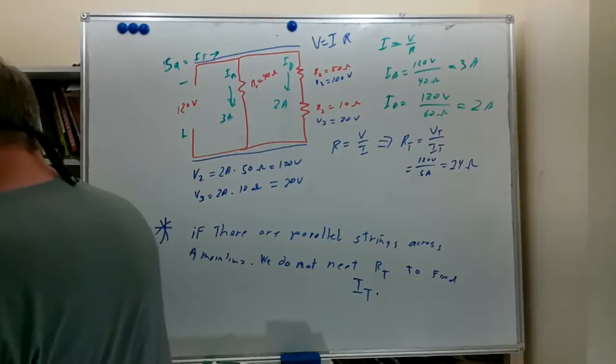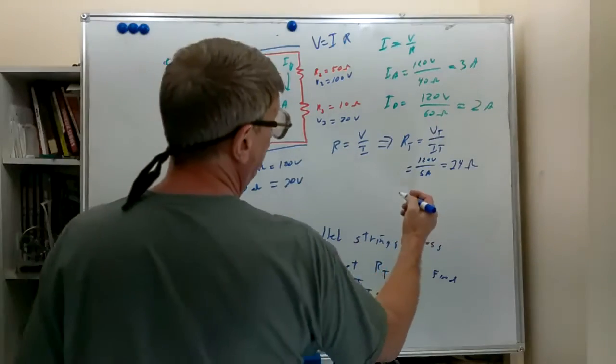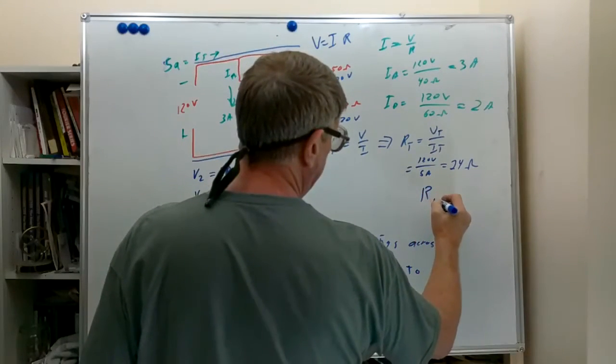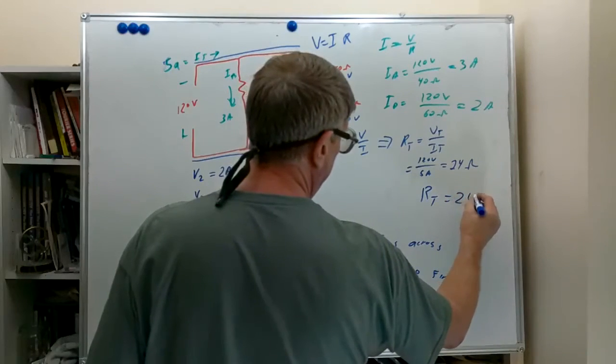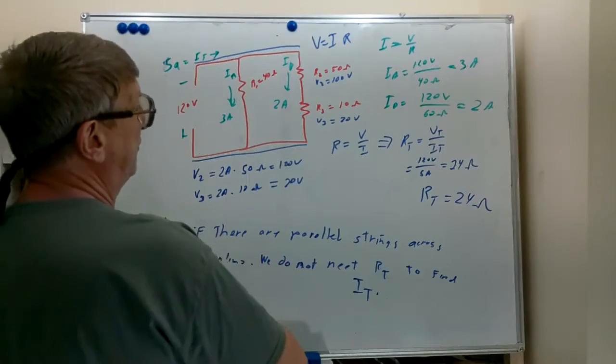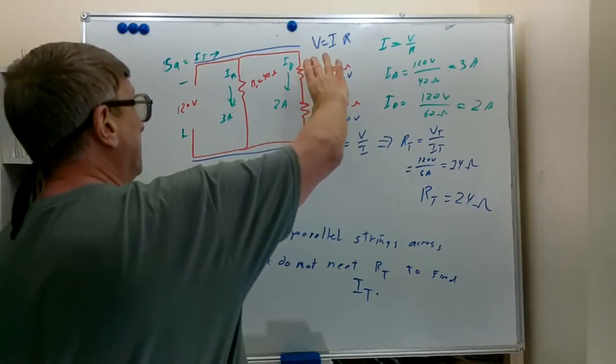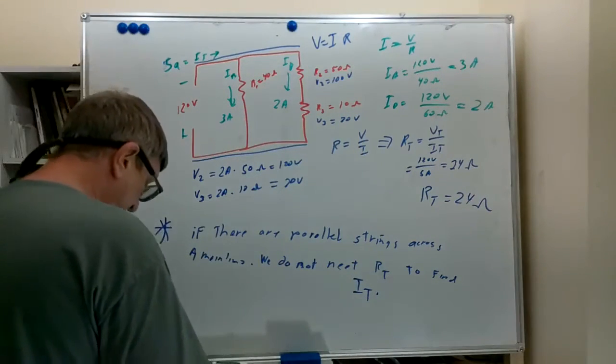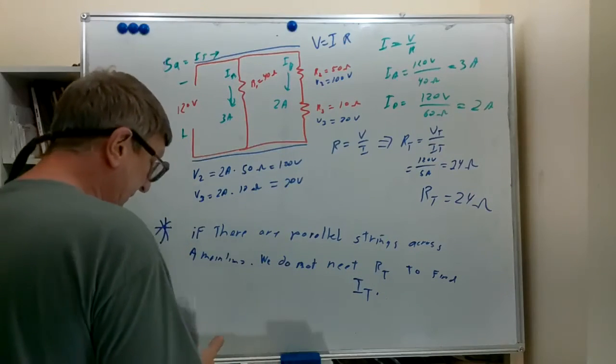Yes, 24 ohms. So we got RT equals 24 ohms. And that is in fact less than the 40 ohms, and less than the combination of 50 and 10, which was 60, as we expected it to be.